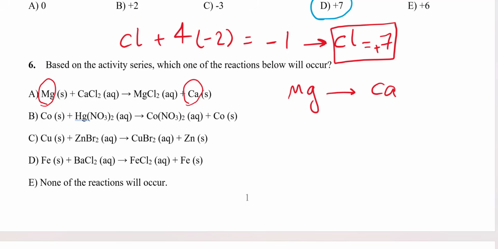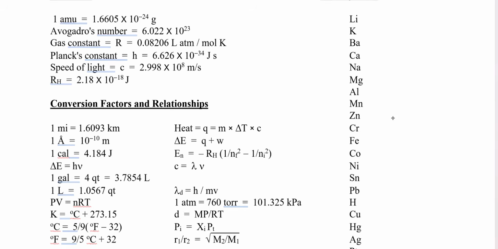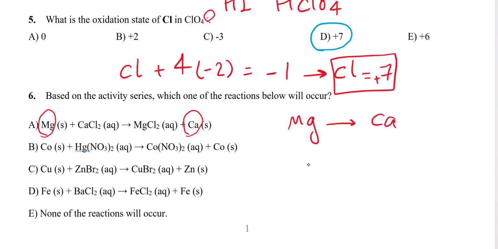Here is the activity series. Here we have calcium, and here we have magnesium. So calcium is higher than magnesium. So magnesium cannot form calcium. So A won't happen.